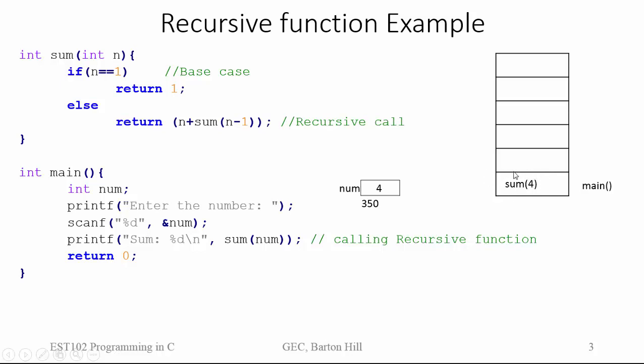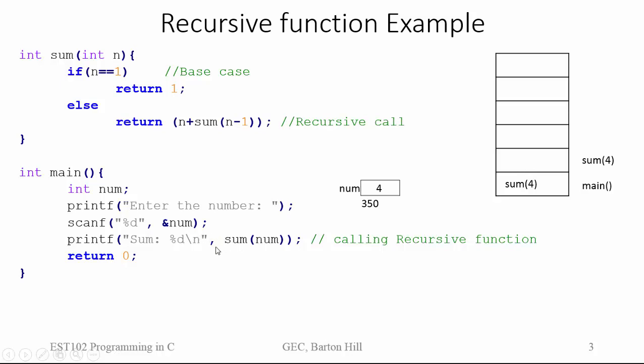This is not an actual representation inside the stack. For the sake of simplicity, I have just written it here. So from here we are calling the sum of 4 function. Inside that we will have the argument or parameter n, which is equal to 4. Then we will also have the return address, which will be going to the code here.